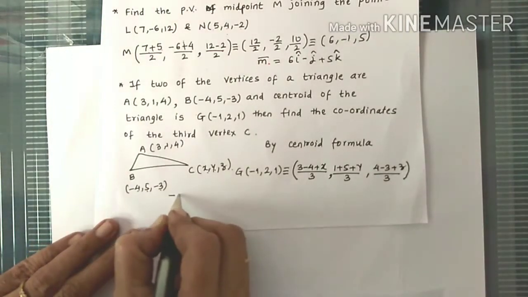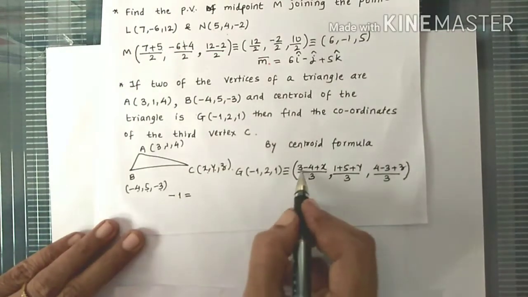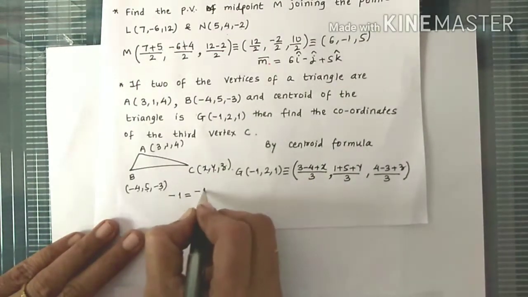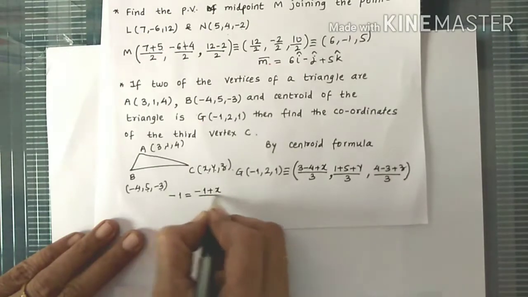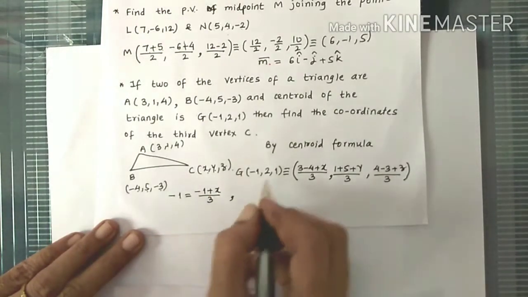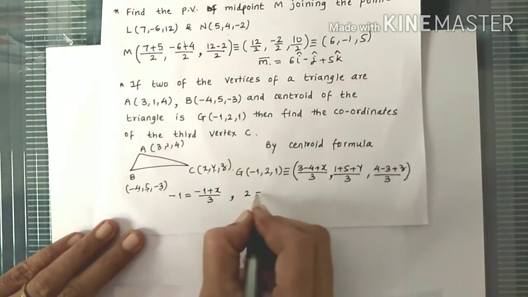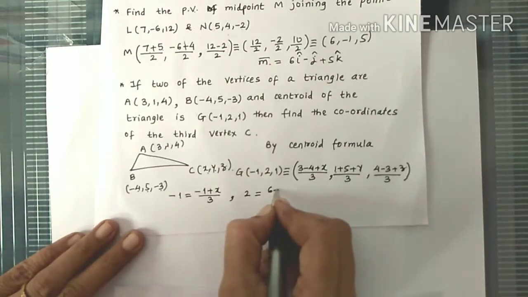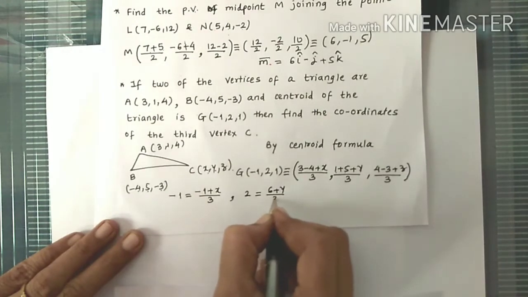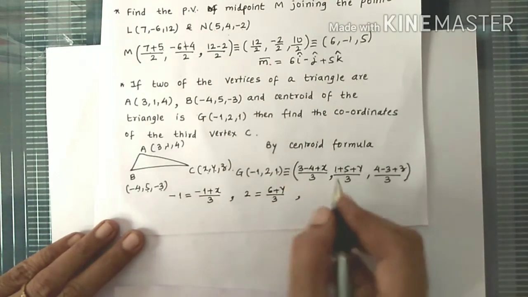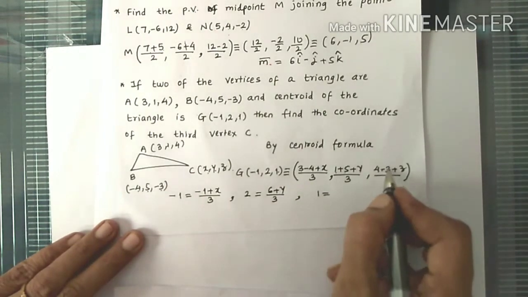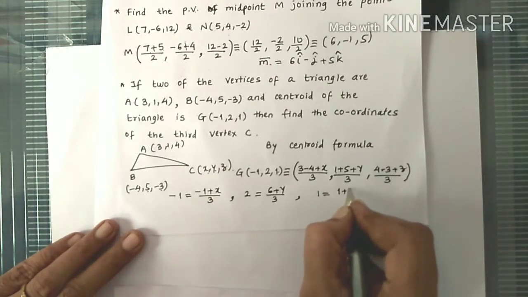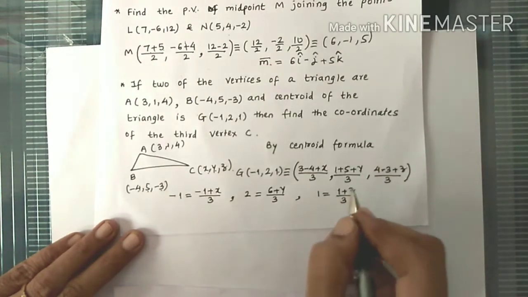Equating the x coordinates, minus 1 is equal to minus 1 plus x upon 3. The y coordinate 2 is equal to 5 plus 1, 6 plus y, upon 3. And 1 is equal to 4 minus 3, that is 1 plus z, upon 3.